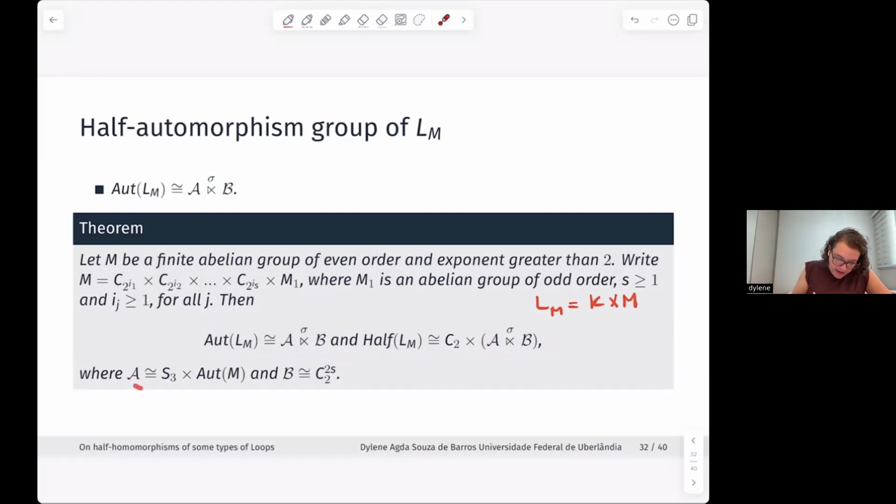And A is just S3 times the automorphism group of M, okay?